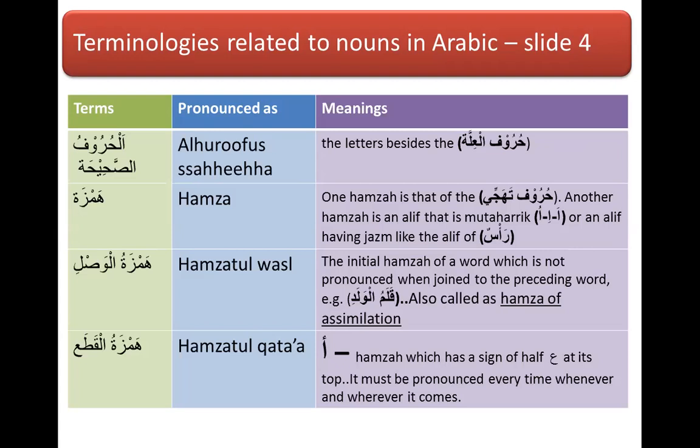It can take any of the three harakat, or it can have a jazm, it can have a sukun on it, like the word given in the slide, that is ras, rasun. Alif has a sukun on it.